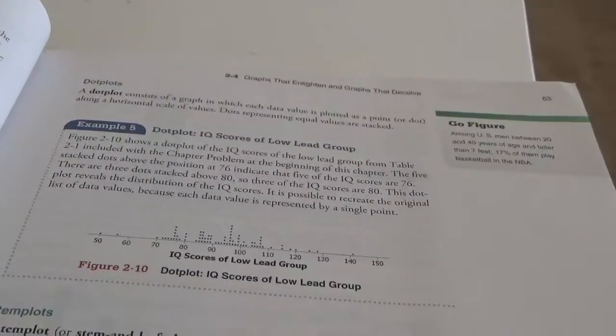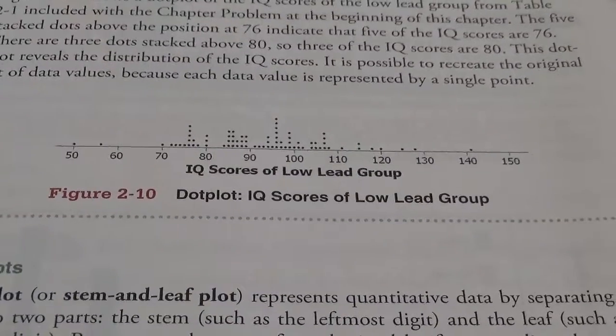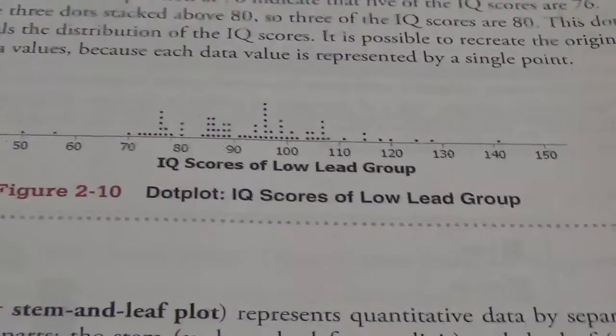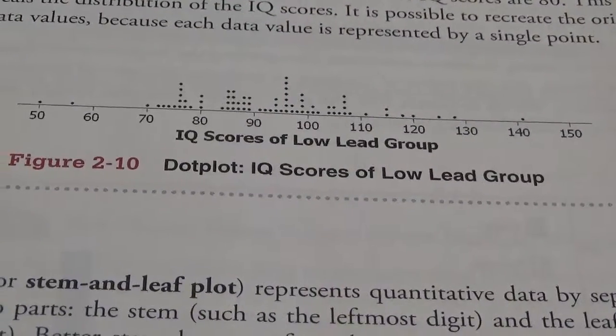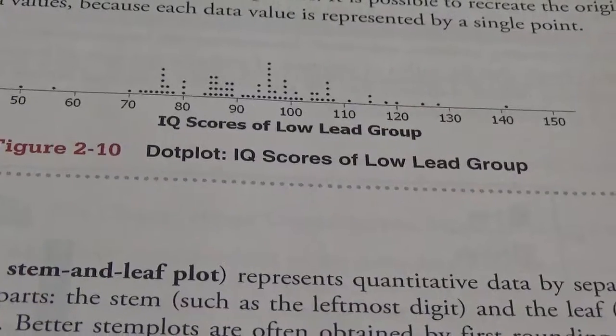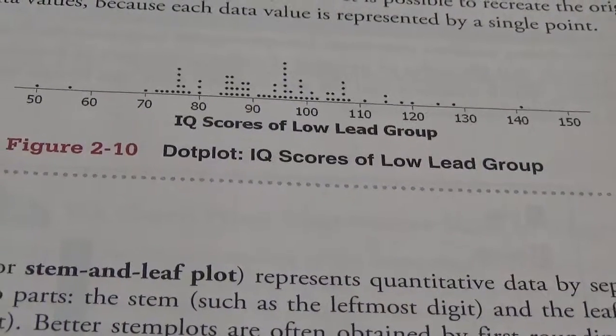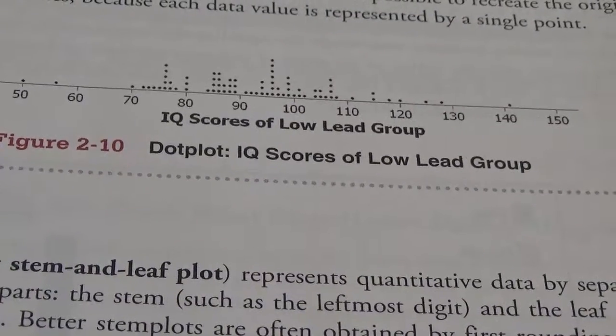Now dot plots is basically this. It's a line where you have all the values within your sequence of numbers. So this one, they chose the range between 50 and 150, and all the points fall within that range. And then they also kept the scale consistent, 50, 60, 70, 80, 90, 100, right?